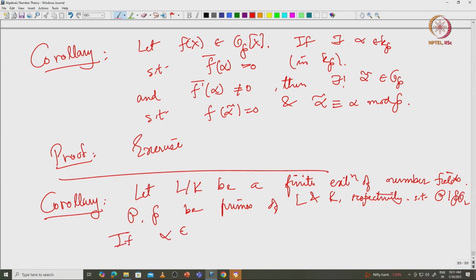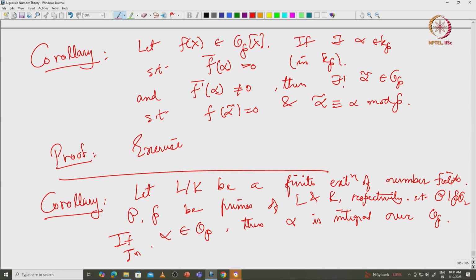If alpha belongs to O capital P, then alpha is integral over O sub small p. This is kind of what you would expect, and this turns out to be true.